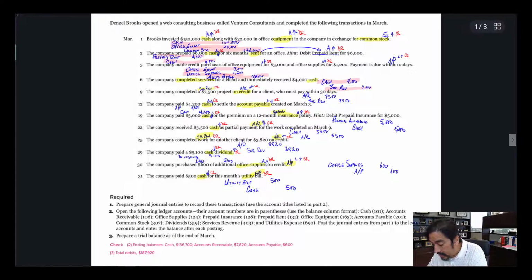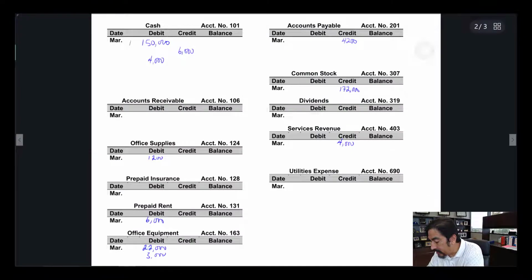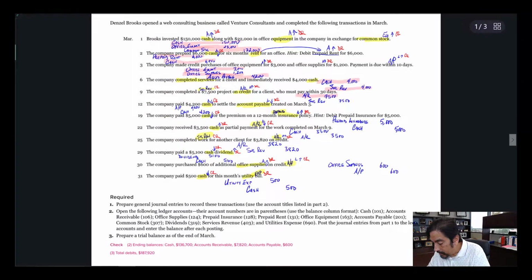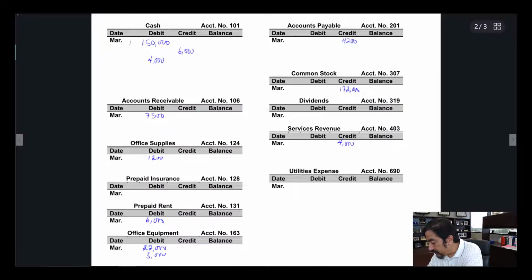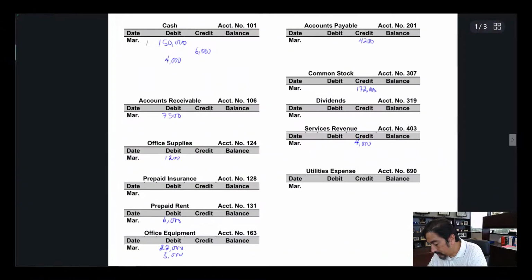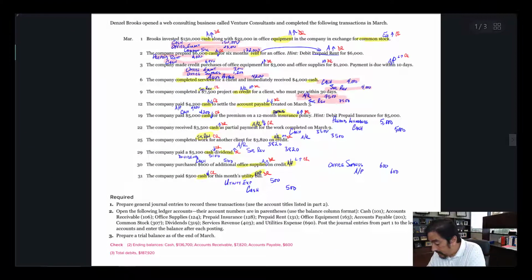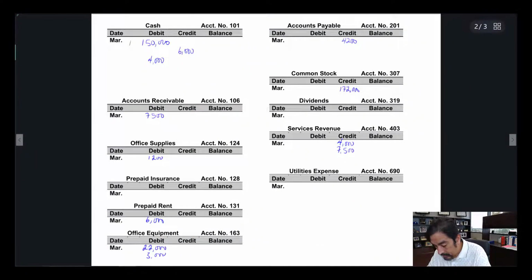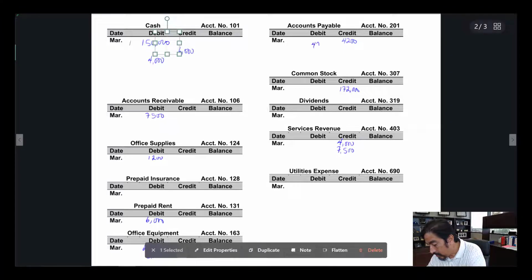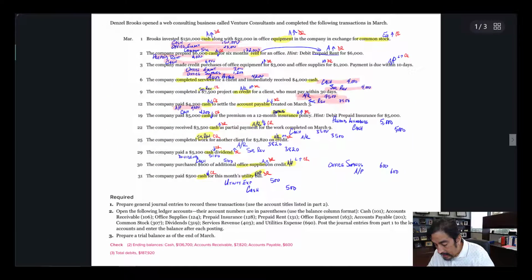I've got a debit to accounts receivable for $7,500. And a credit to service revenue for $7,500. I've got a debit to accounts payable for $4,200. And a credit to cash for $4,200.